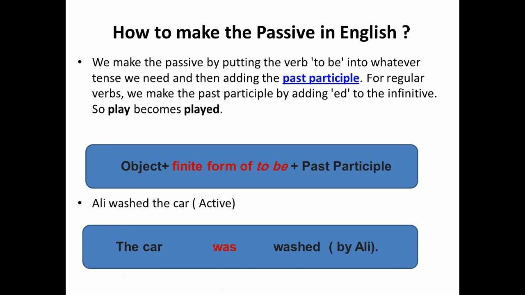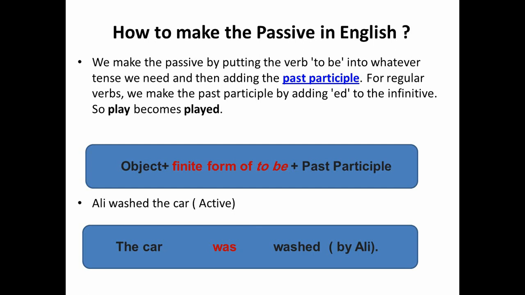Add the past participle of the main verb after the verb to be. Where's the main verb here? Yeah, washed. The past participle form of the main verb wash is, excellent, washed. So the car was washed. The last step actually is not important.